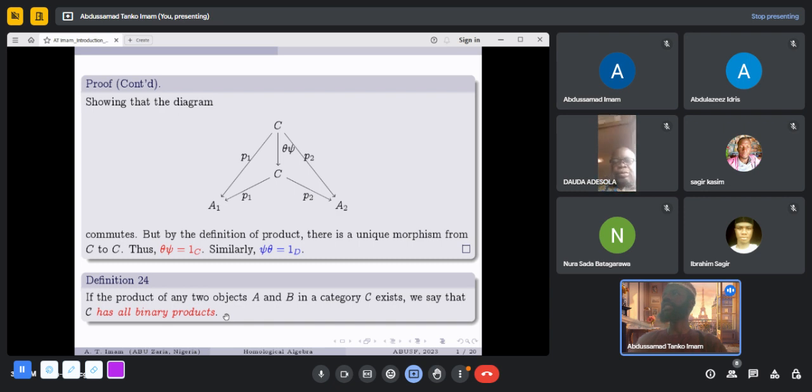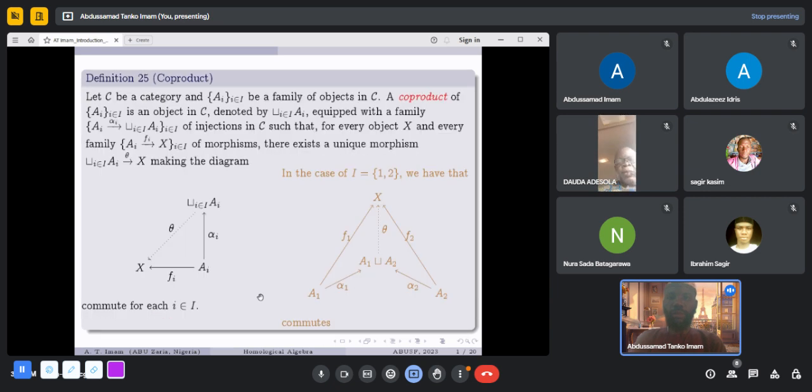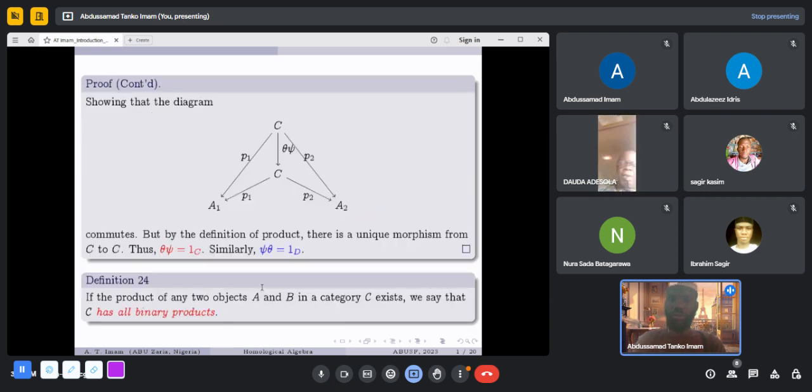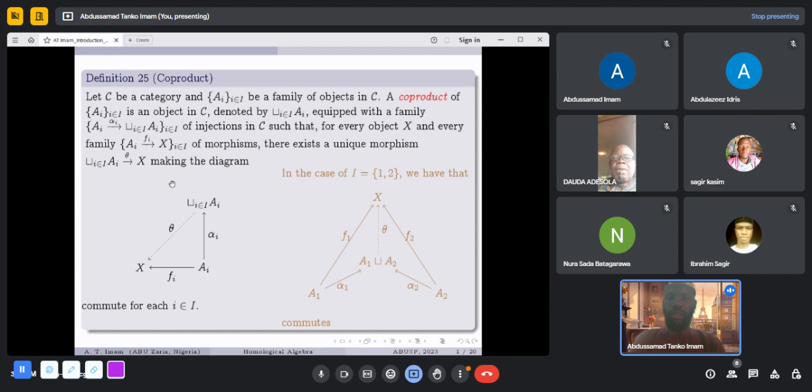So we say it's a category with the property of having all binary products. We'll be using this terminology. Let C be a category with all binary products, meaning the product of any two objects in that category exists. That is a terminology which we shall be using in the course of the theory.